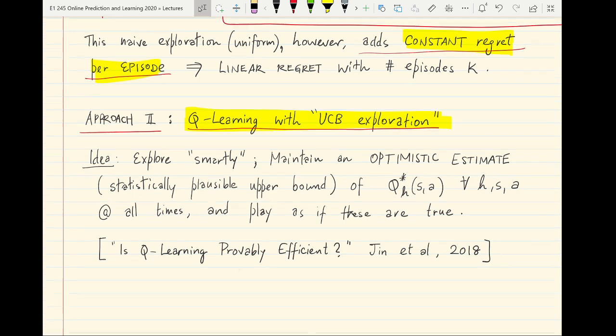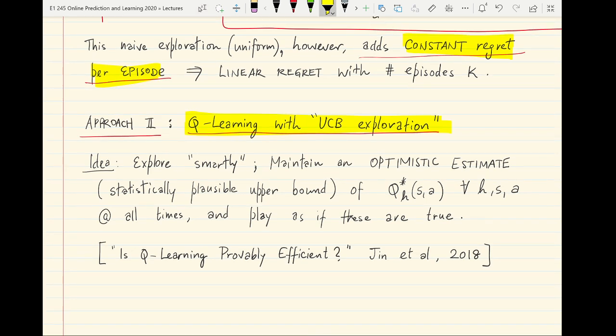And once you can build a statistically plausible upper bound on Q star h(s,a), one could just play the greedy action suggested by it at every state within the episode, and hope that this leads to only as much exploration as is required.